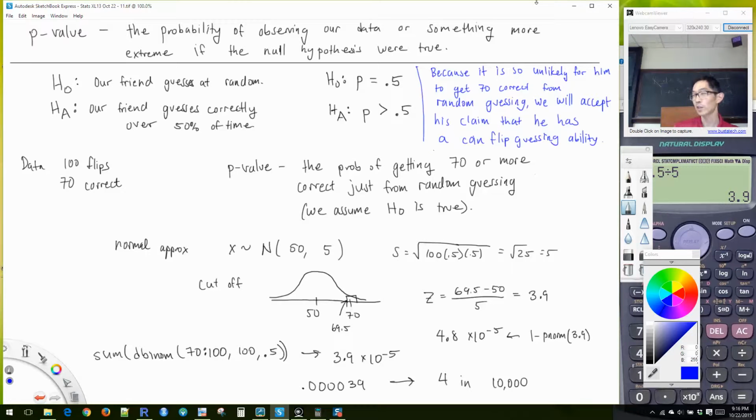That's the whole foundation and premise of hypothesis testing, and if you can get that, then you'll be in good shape for the specific tests that we will learn after the midterm exam.